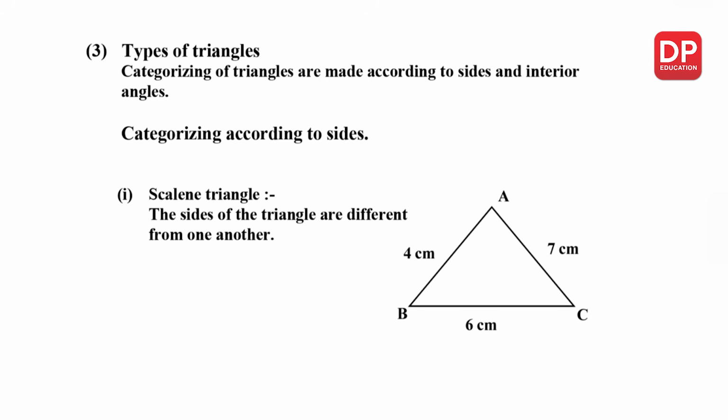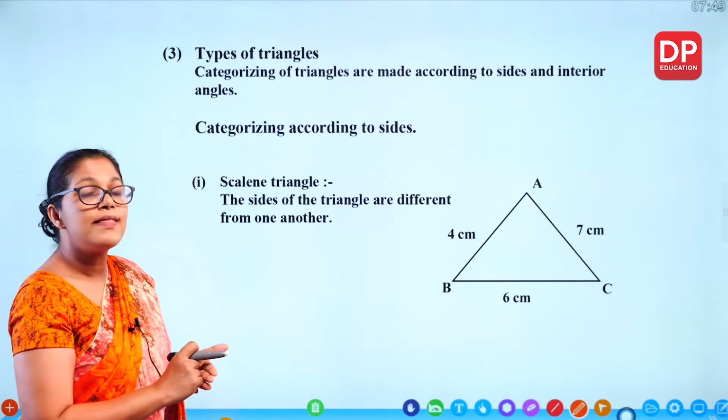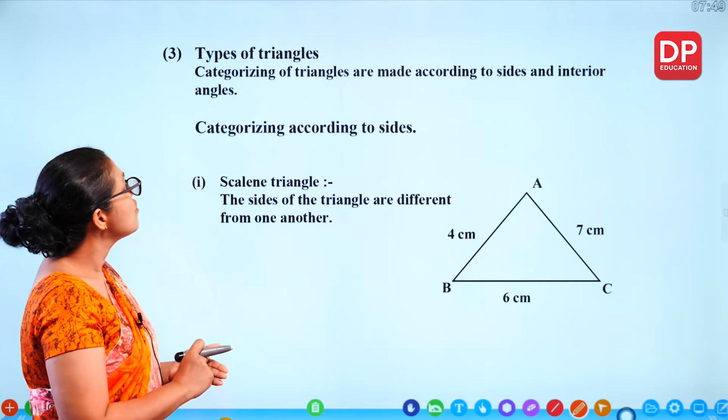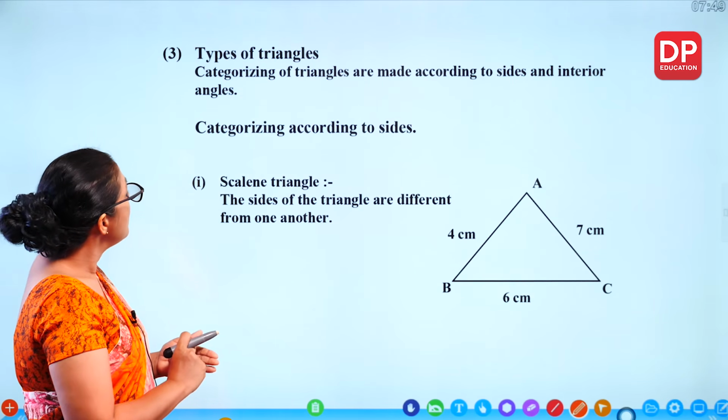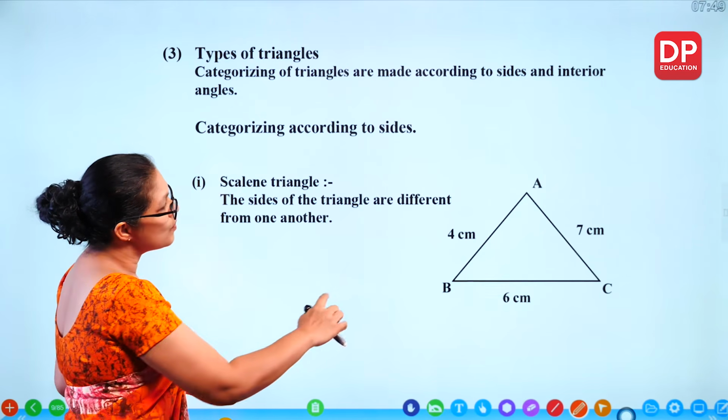Now we'll look at the types of triangles. Categorizing triangles is done according to sides and interior angles. By looking at the side lengths and the angles, we can define triangles. We'll look at the first one, categorizing according to sides. Look at this one.